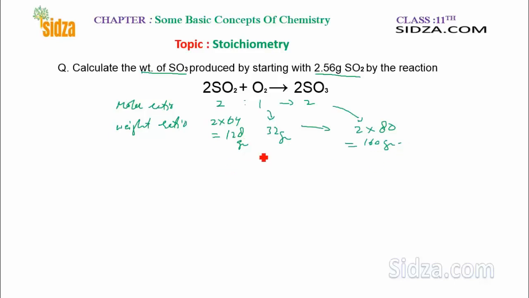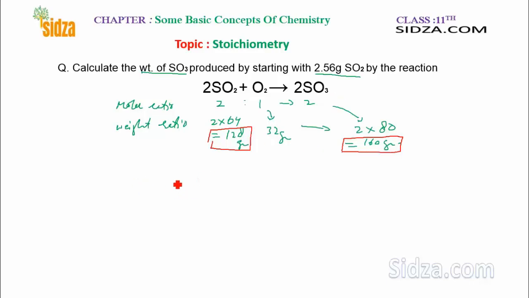So from the balanced chemical equation, 128 grams of sulfur dioxide produce 160 grams of sulfur trioxide, right?